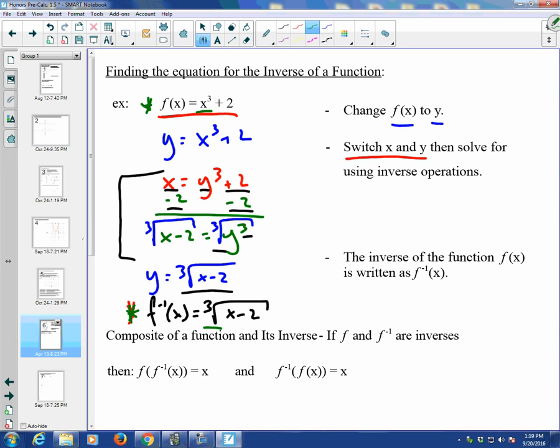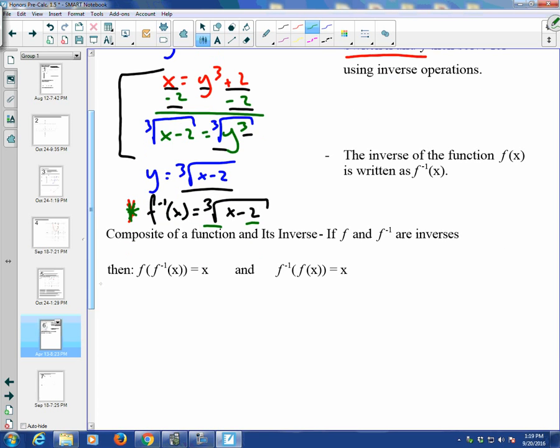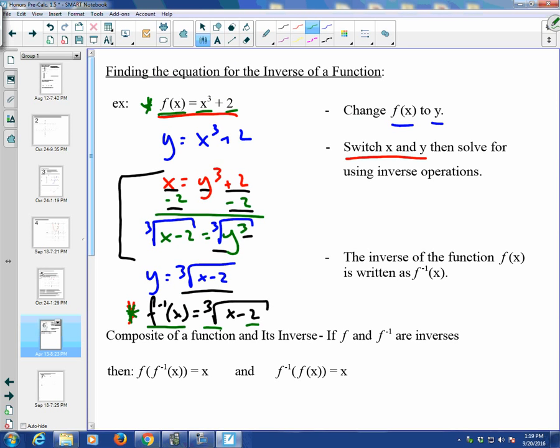And then the next thing we're going to do is add 2, which undoes the subtraction of 2. So f actually undoes f inverse as well. And this relationship is the relationship that defines inverse functions. We're calling f inverse the inverse of f, but really they share an inverse relationship where they undo each other.